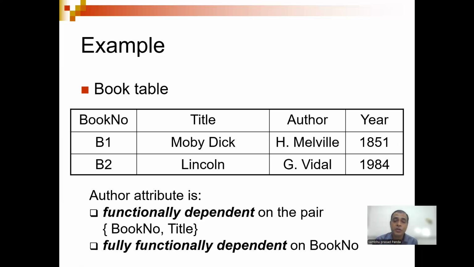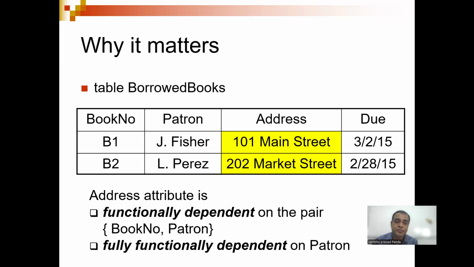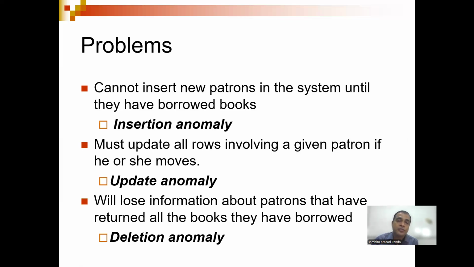Fully functionally dependent means the proper subsets are not producing any unique value, but combined it is producing the unique value. It is also similar to that. In the same way it is written here. Another example this is, so we can go through that.